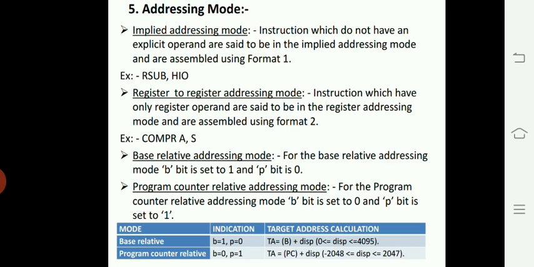In the case of program counter relative addressing mode, the target address is calculated by adding the content of the PC register with the displacement specified in the instruction. Here the condition is that the displacement should be between minus 2048 and plus 2047. So these two are the relative addressing modes.